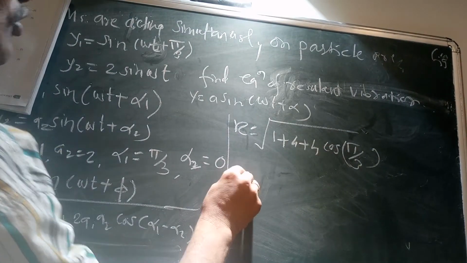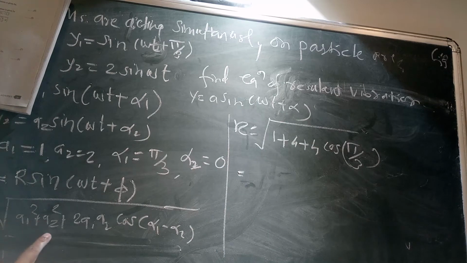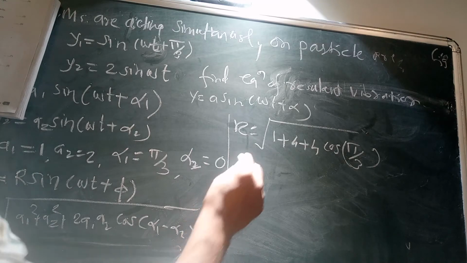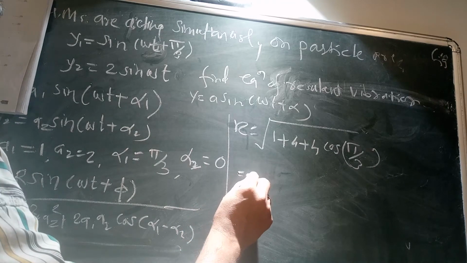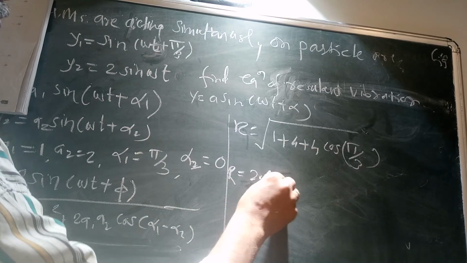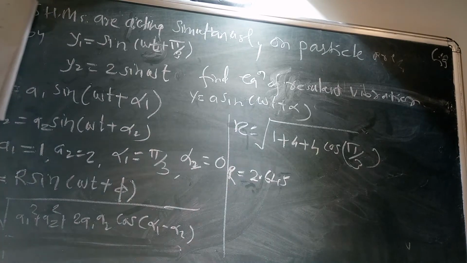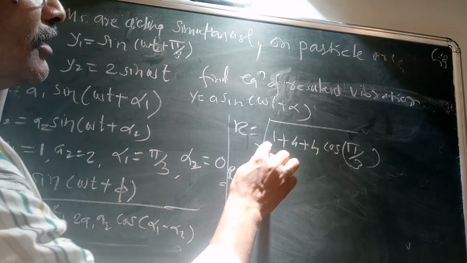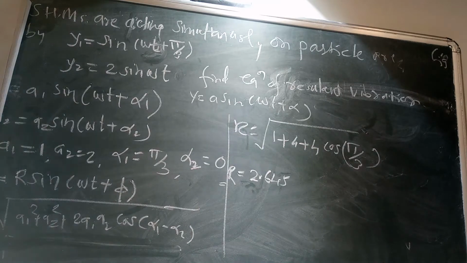Putting these values of a1, a2 and cos of alpha 1 minus alpha 2, the value of R is 2.645. You can verify this value of R after calculation. So this is about the amplitude R.